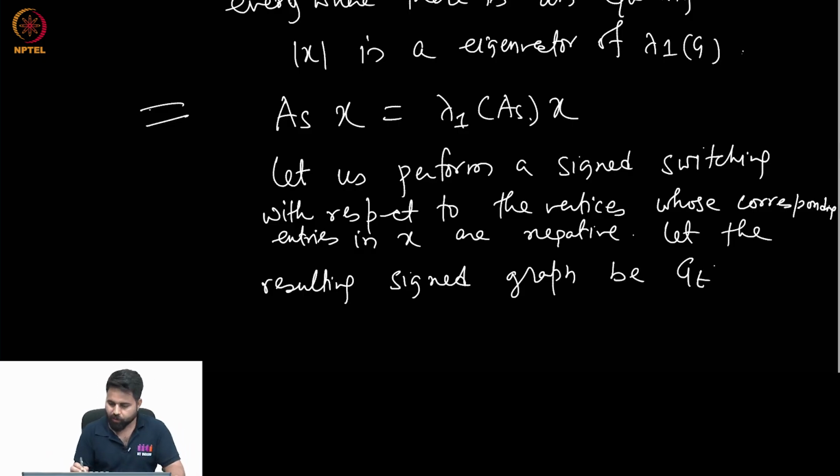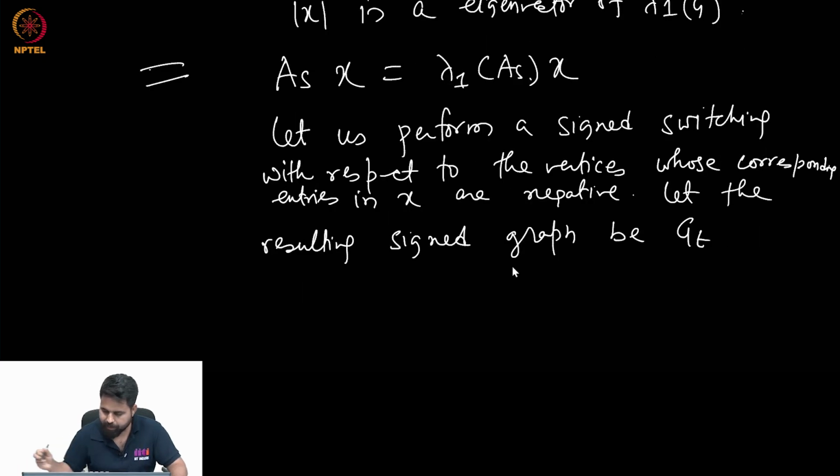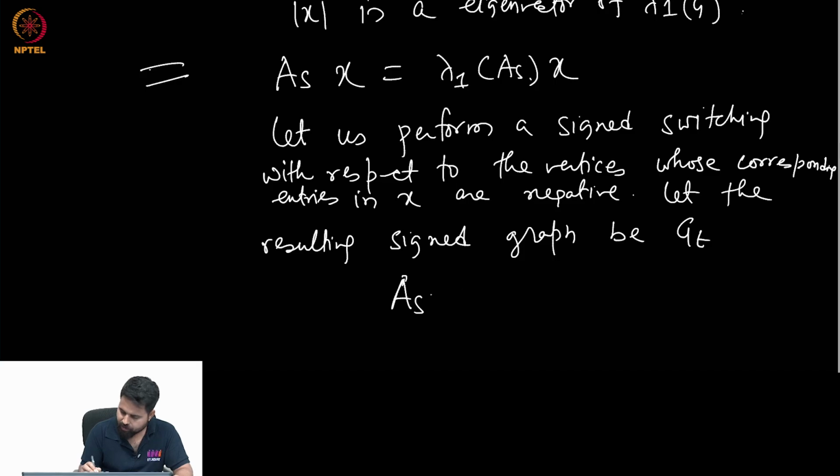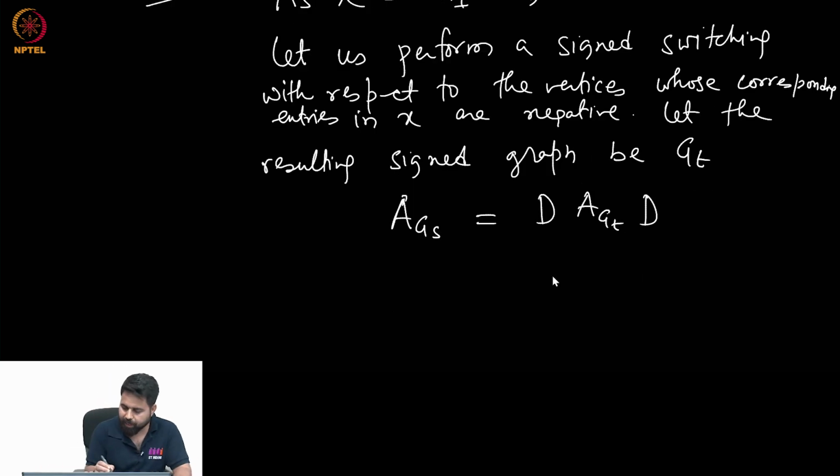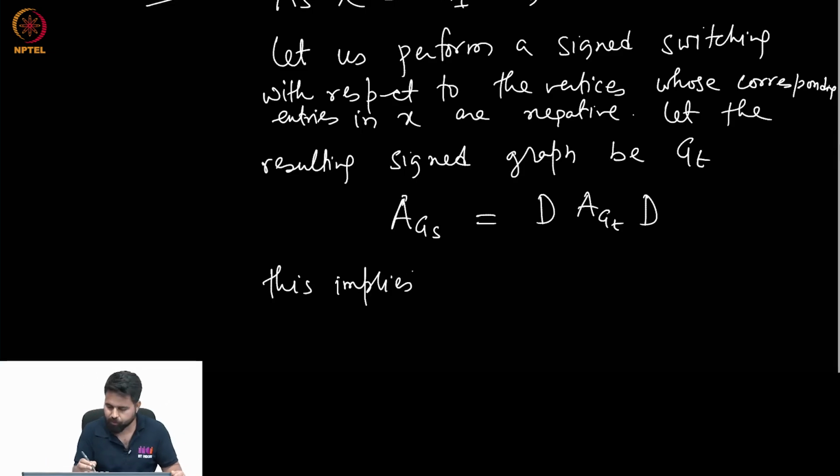We already know what happens in that case. A of GS is D times A of GT times D, where D is a diagonal matrix. We have seen the eigenvalues of both matrices are the same. Further, what about the eigenvector?